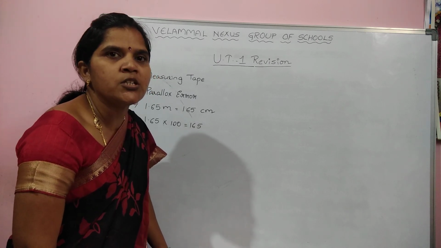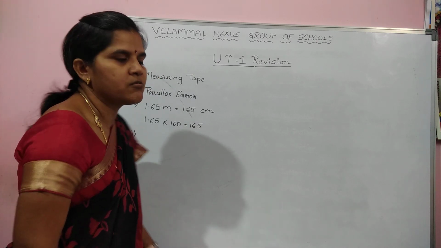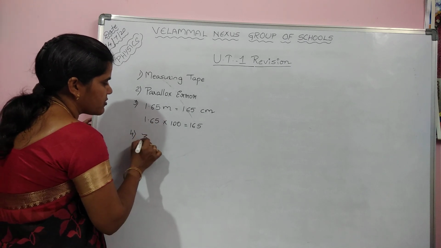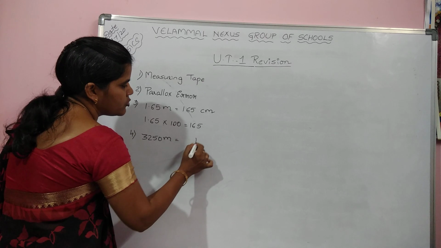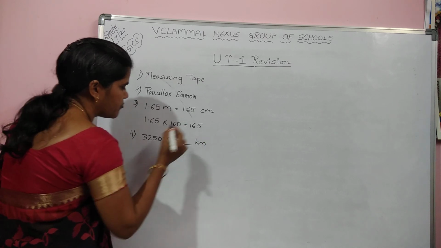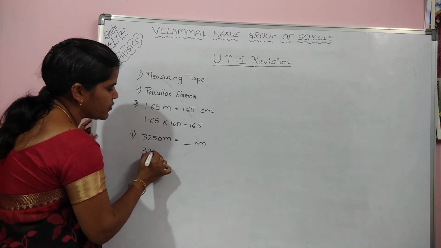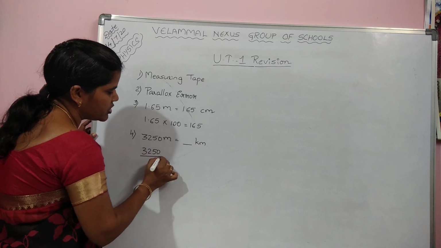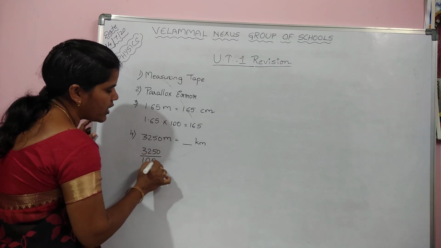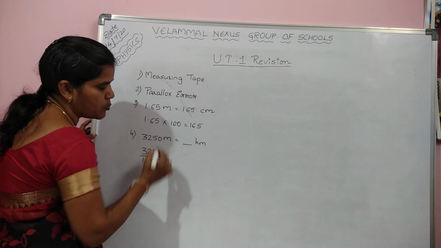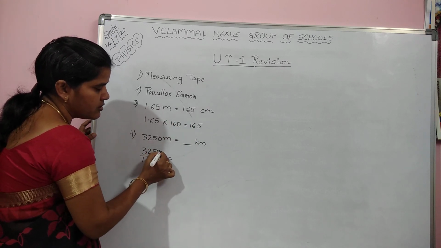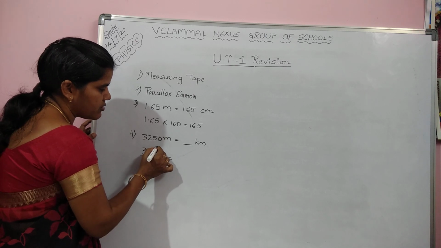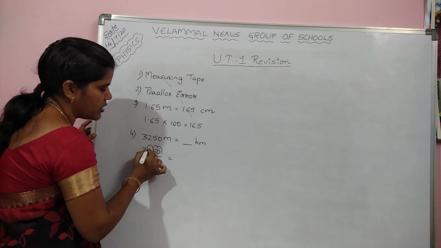Convert 3,250 meters into kilometers. You have to divide it by 1000 while converting from meter into kilometer. As 3 zeros are present, the point moves 1, 2, 3, three places.